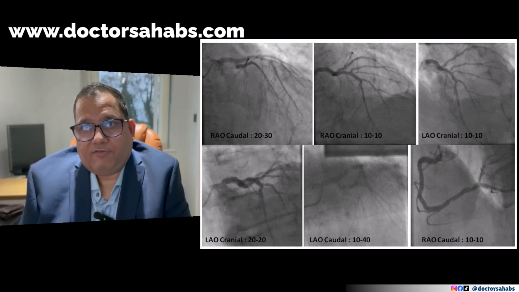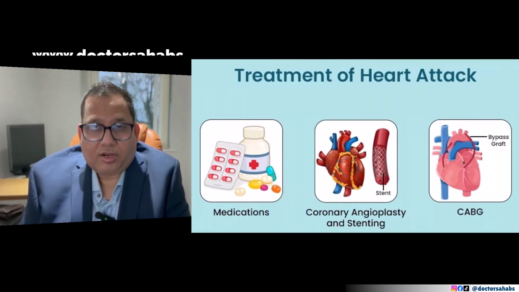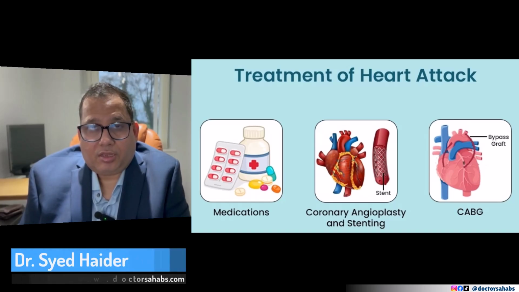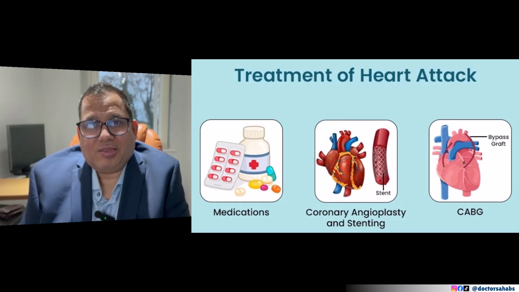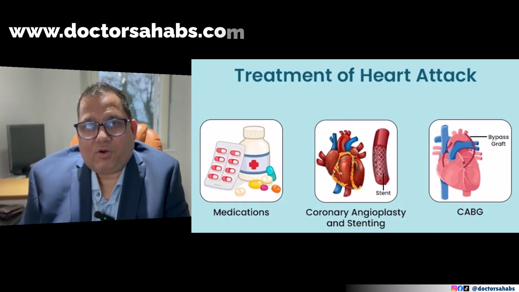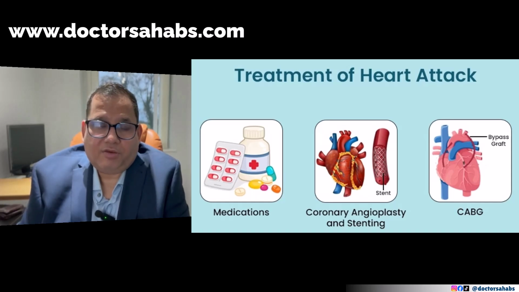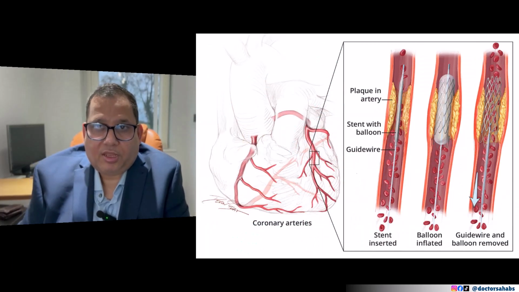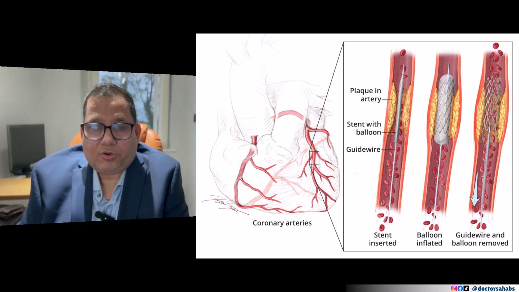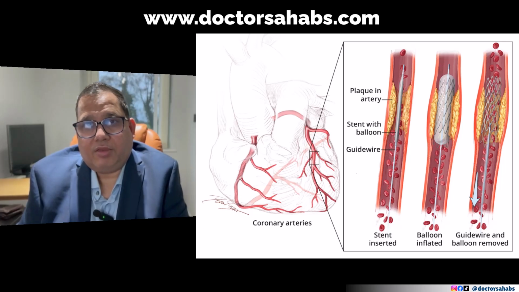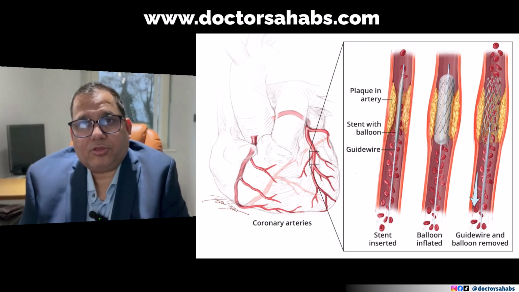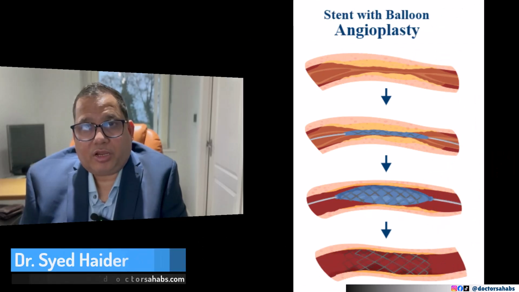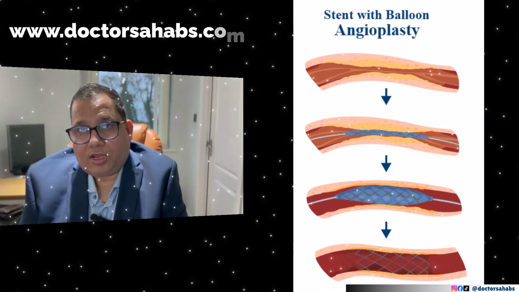For example, if your condition is basically in one, two, or three coronary arteries, they can perform coronary angioplasty, a balloon angioplasty, and they will also use a stent, because the stent will open your coronary arteries and keep them open after your operation, and your symptoms will resolve and subside after the stent opens that blockage.